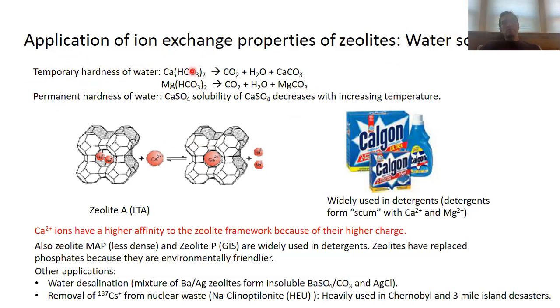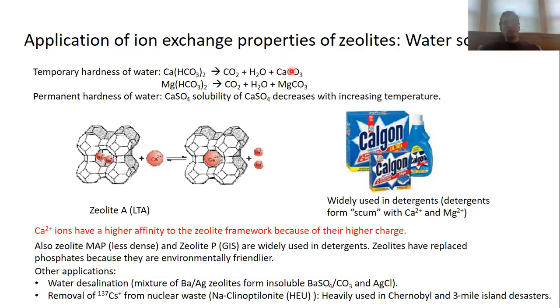So these compounds have the property, when we heat them or in aqueous solution, that they become thermally unstable and release CO2 and water, and we form calcium carbonate and magnesium carbonate. And these two are not soluble in water, so they can actually deposit on hot surfaces that are in contact with water.